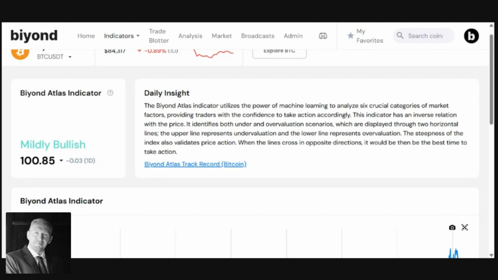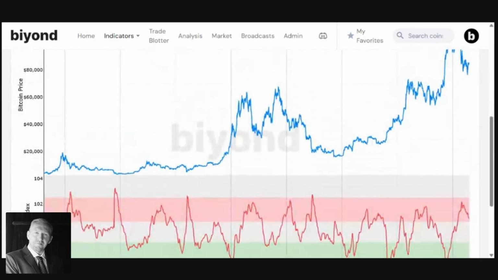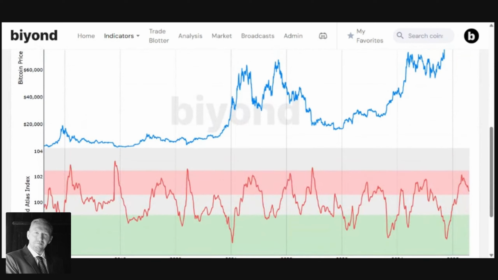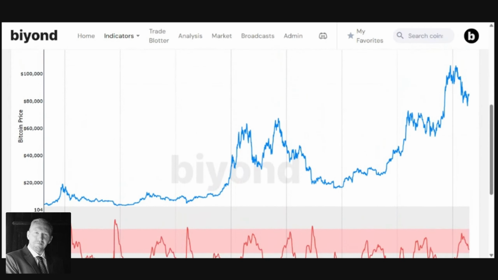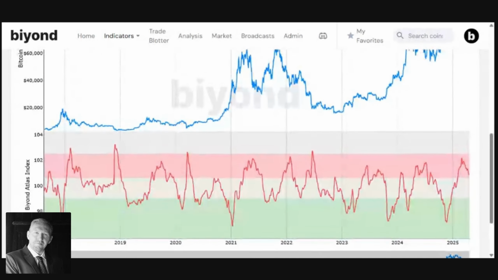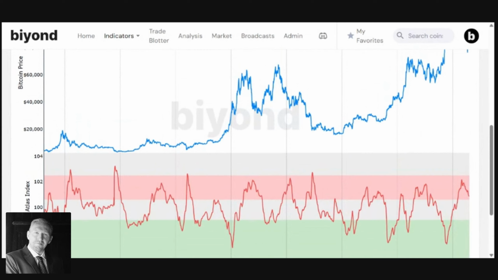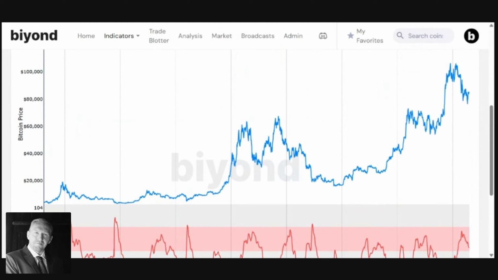Something we really like to say about this indicator is that, as well as predicting market tops and bottoms, it can also help you understand overbought and oversold conditions, and it can identify when you should be in the market and out of the market, depending on what side of the trade you're on.